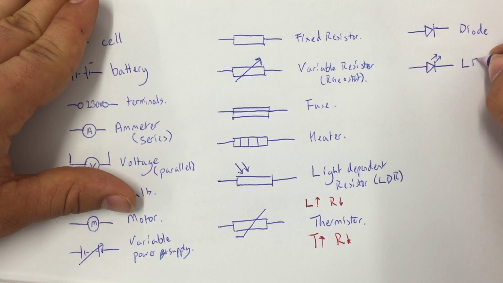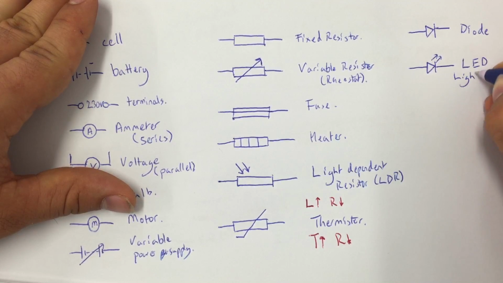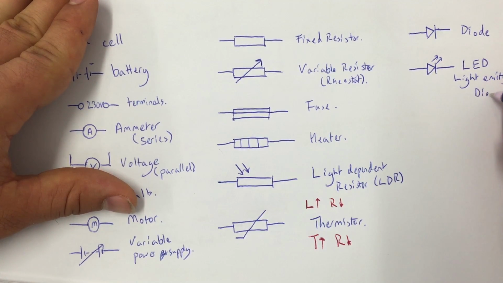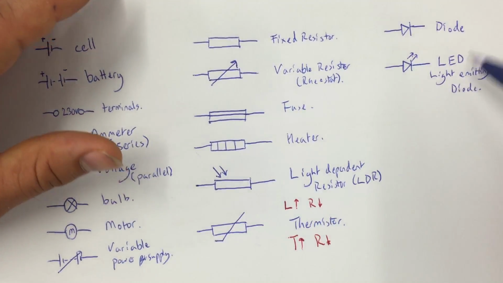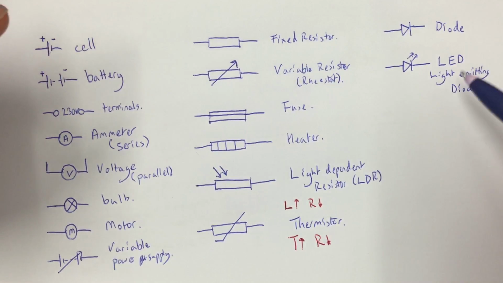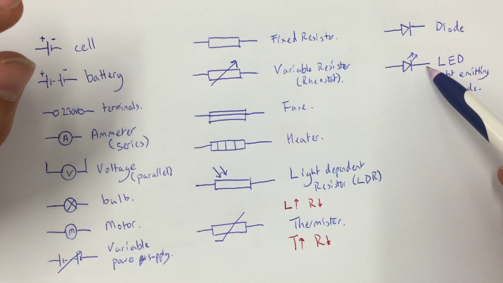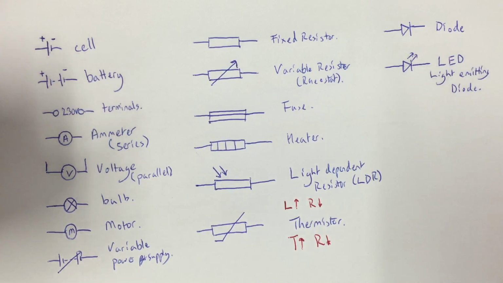This is called an LED, which is short for a light emitting diode, and you're most likely to have heard of an LED from LED TVs or LEDs on like Christmas lights or those kind of things. And again, that only allows current to flow in one direction, but crucially, it also emits light at the same time.